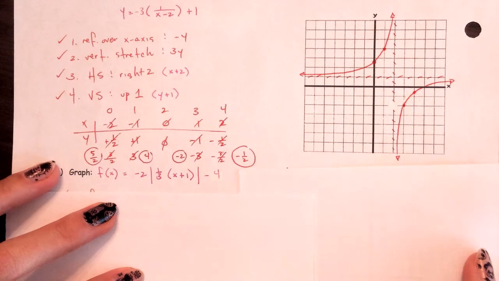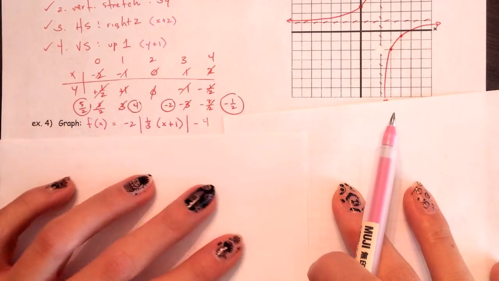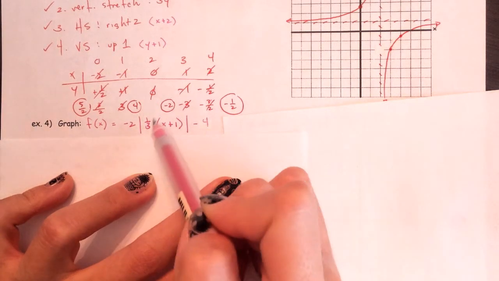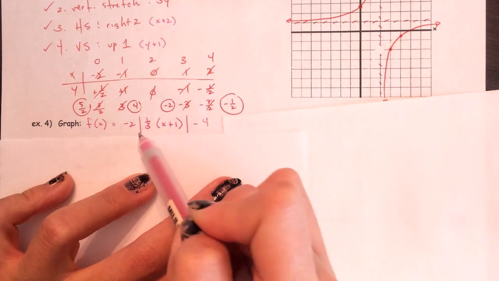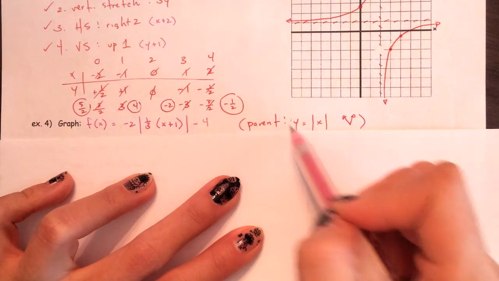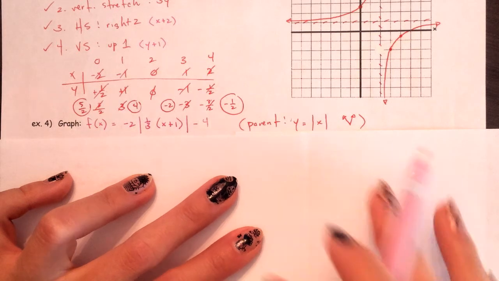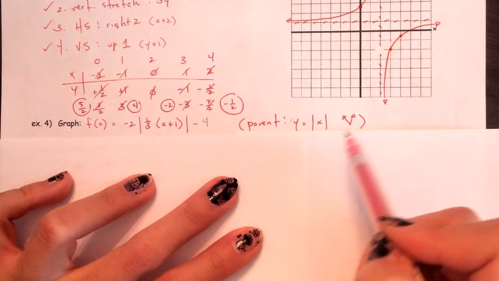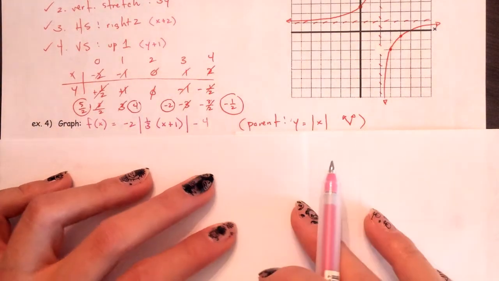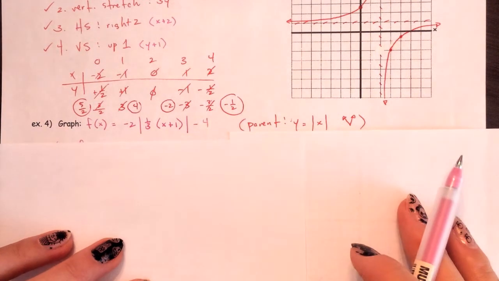Number 4, you have this as your original function. And then you can see what kind of function this is. It's an absolute value. So my parent function is y equals, and then that looks like a v. So in the end, I have to check that my answer looks like a v. It could be upside down, it could be fat or skinny, but it looks like a v. Okay, is there anything I have to do to change this? I don't think so.